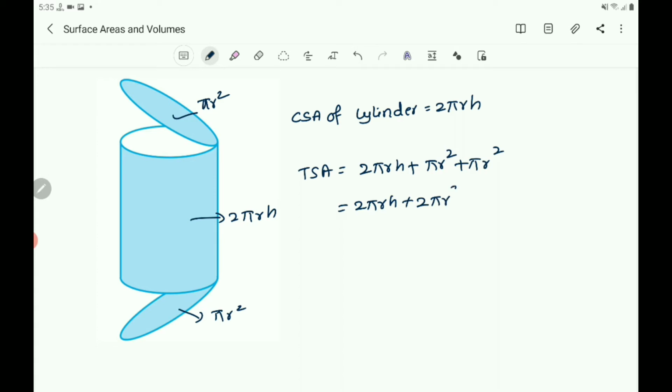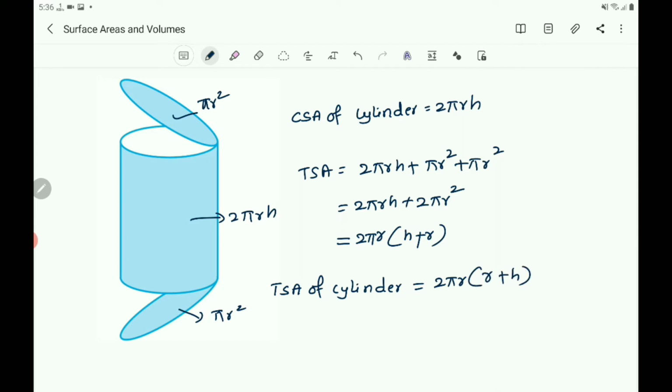Taking 2 pi r common, you get 2 pi r into r plus h, or h plus r.